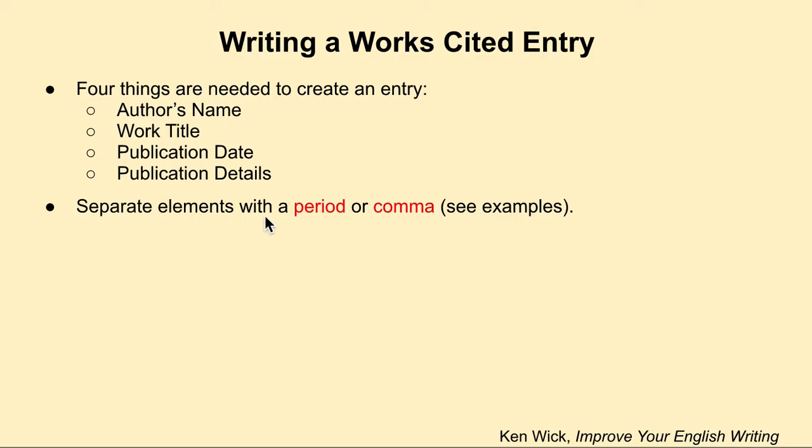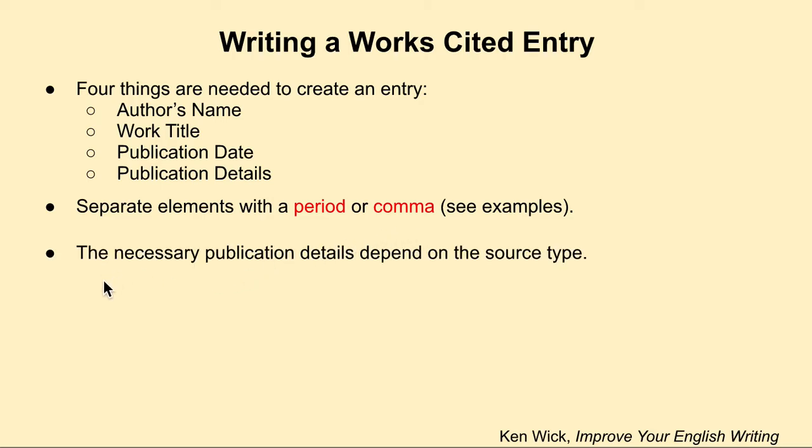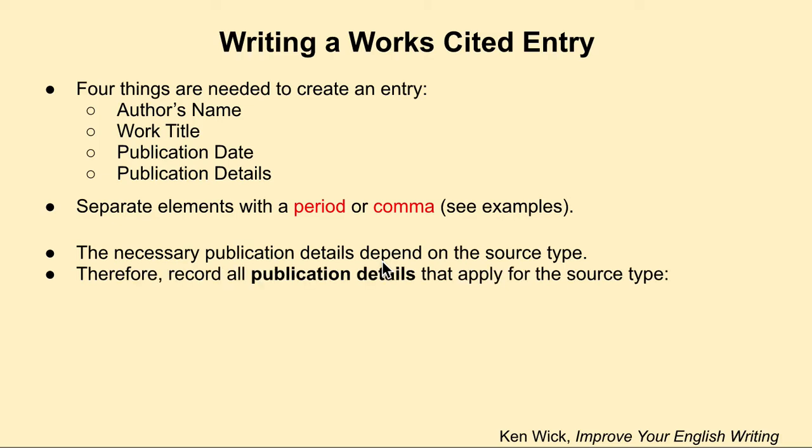These elements are separated with either a period or a comma, and we're going to see that in the examples. I always want to say these 3: you always need author's name, work title, and publication date, but the publication details depend on the source type. So record all publication details that apply for the source type.